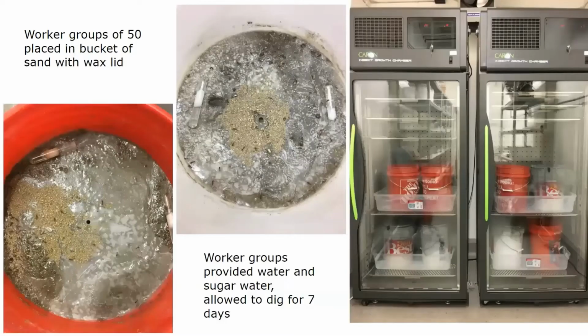And we brought these ants back to the lab and placed groups of 50 in our bucket setup, which consists of a 5-gallon bucket filled with sand, covered in a wax lid with a single hole in the center from which the ants can initiate their nest building. Each bucket setup was supplied with water and sugar water and placed in one of our environmental conditions here for 7 days.